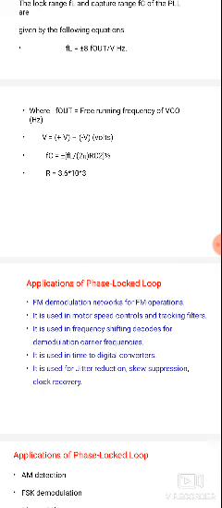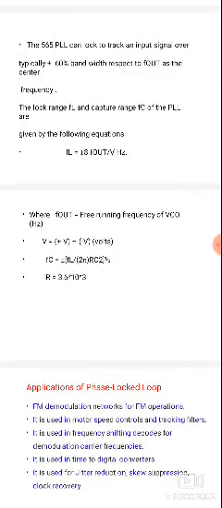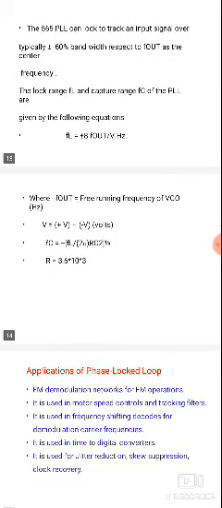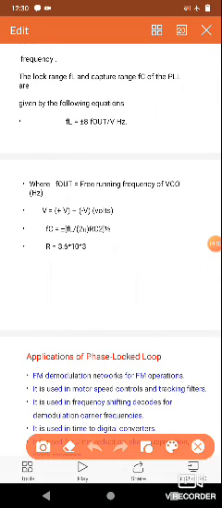Here R is an external resistor and C2 is an external capacitor. So FC equals plus or minus FL by 2 pi into RC2 1 by 3. The value of resistance here is 3.6 into 10 power 3, that is 3.6 kilo ohms.